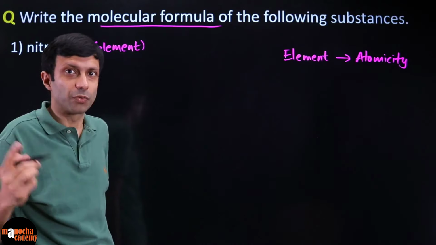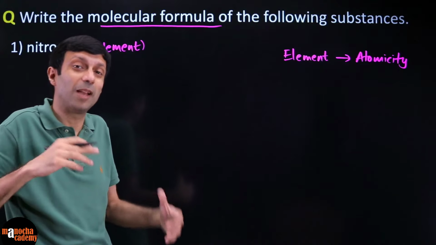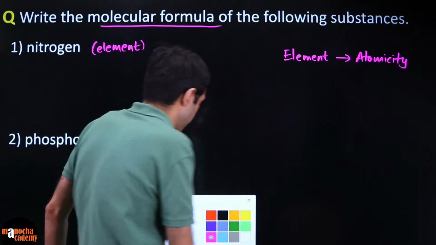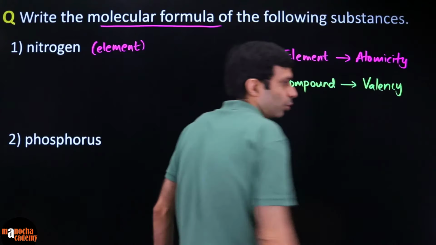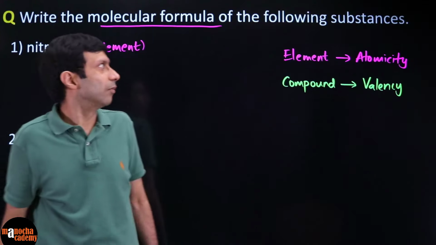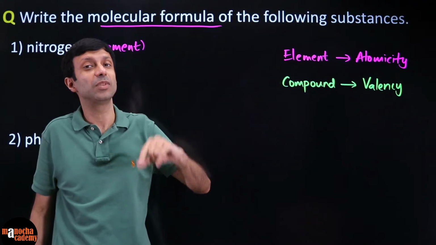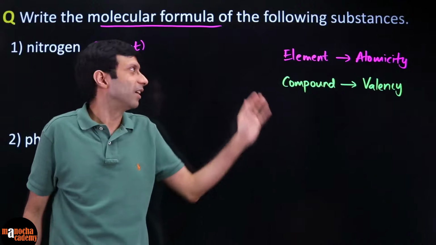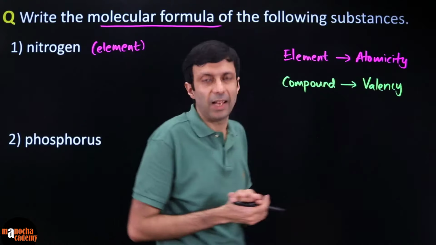For compounds, formation of compounds, we will use valency, the combining capacity of an element with other elements. So please remember that for compounds, use the valency numbers, okay? For elements, we will use atomicity numbers because atomicity is the number of atoms in one molecule of the element. Compounds, we will use the valency numbers, okay? So nitrogen is an element.